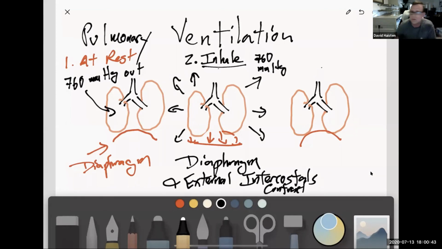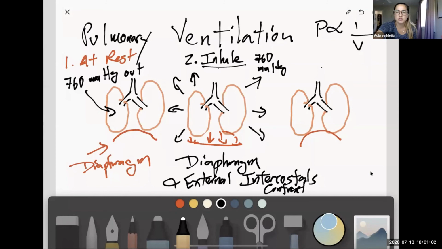What do you think the pressure is like inside your lungs now that the volume increased? Up or down? For gas, pressure is inversely proportional to volume. So it increased as well? The pressure inside the lungs?